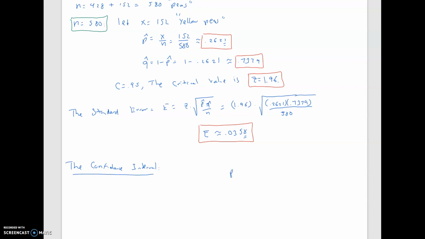And once again, we're going to be bounding p hat by the following values: the p hat plus the error and the p hat minus the error.